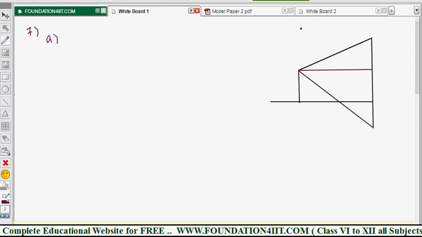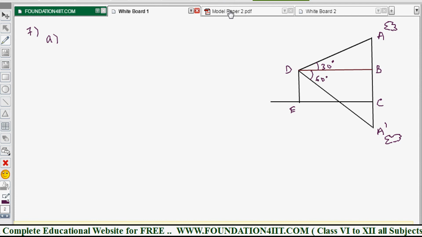So let this be A, the cloud, and A dash its reflection, down here in the lake. Then the height of the cloud from the surface of the lake is AC. Then here is C, and B and D are the points. The angle of elevation is 30 degrees and the angle of depression is 60 degrees.